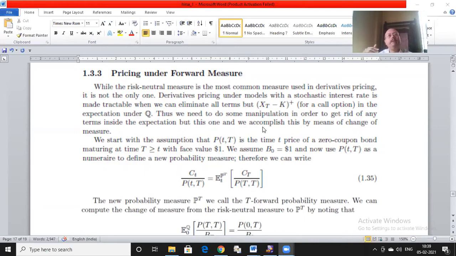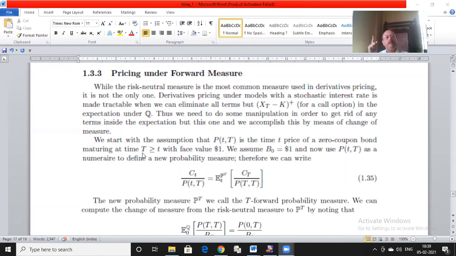Basically, we are trying to eliminate the stochastic interest rate. So our structure is again this term structure. P(t,T), which is the time t price, so current price of a zero coupon bond maturing at time capital T, with a face value of $1.